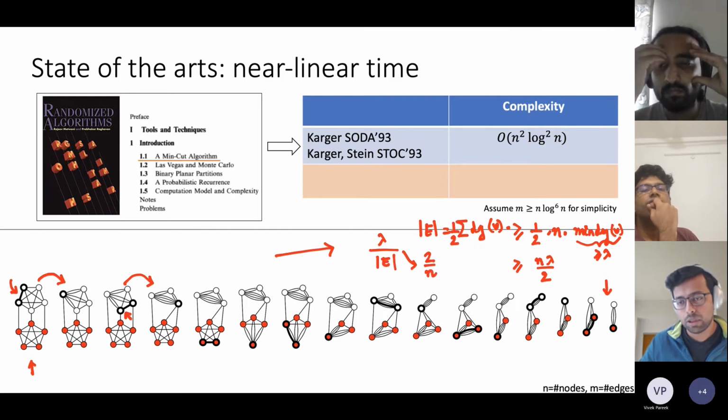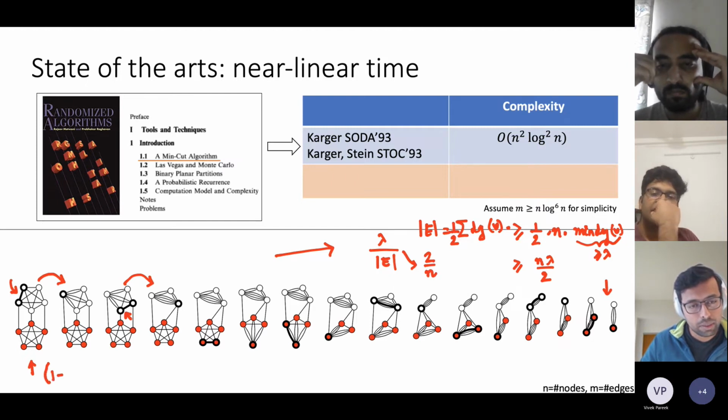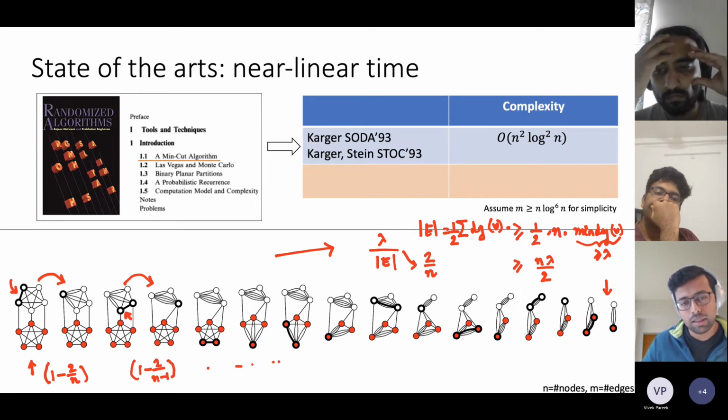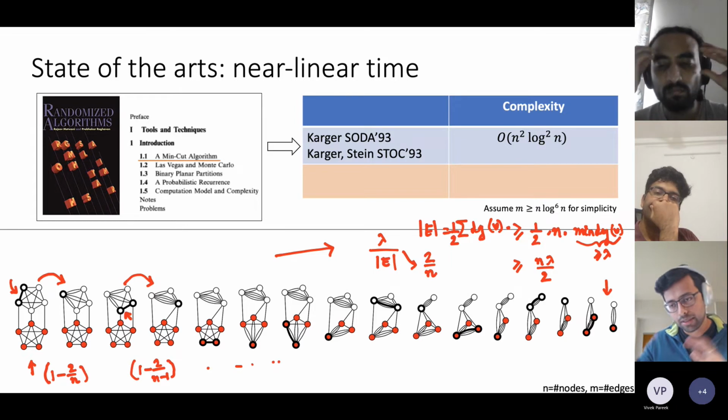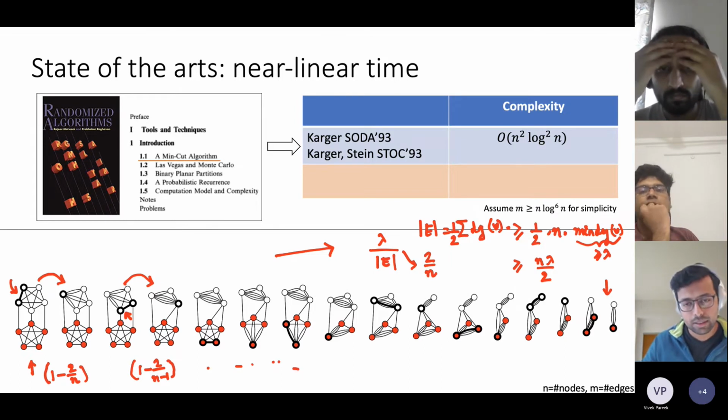So this is the probability of the bad event. So the probability that in this step the min cut survives is going to be 1 minus 2 over n. And here it's going to be 1 minus 2 over n minus 1, and so on and so forth. When you multiply them, they telescope and cancel out each other.